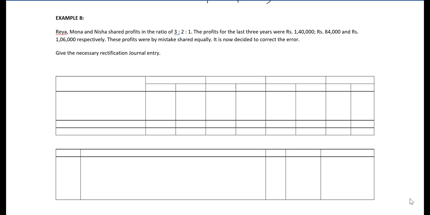And we know that for reversing the profits we need to debit the partner and credit the firm. So we'll first begin by reversing the profits in the ratio of 1:1:1.